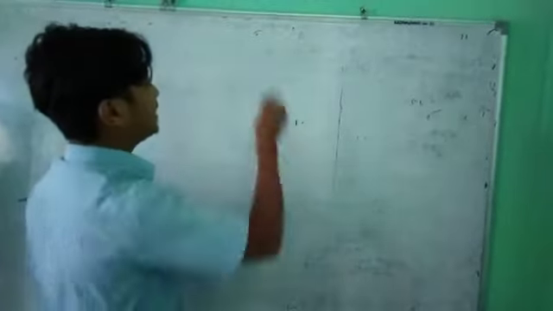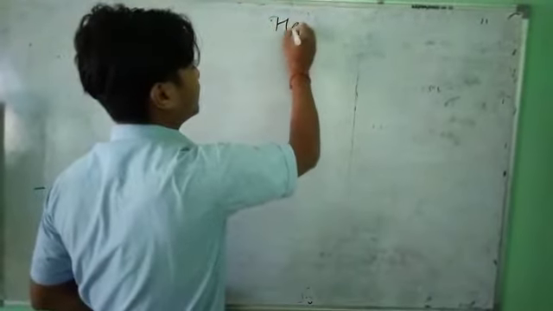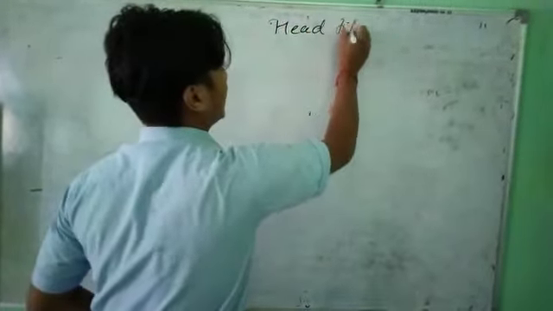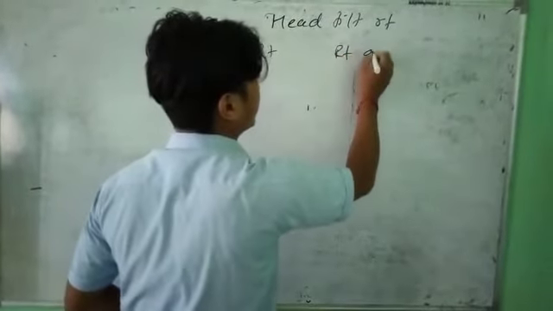Suppose a patient is coming with a head tilt at the right side. Head tilt at the right side shows right eye hypertropia in right gaze.